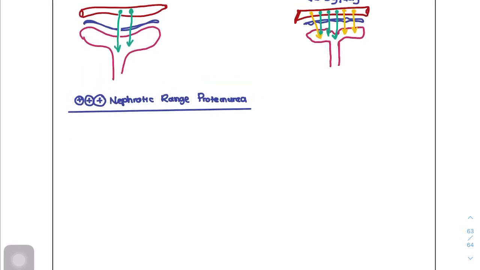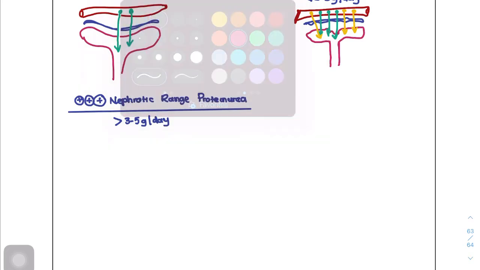What does this mean? This means it is in the range of nephrotic diagnosis. 3.5 grams per day of protein is lost.